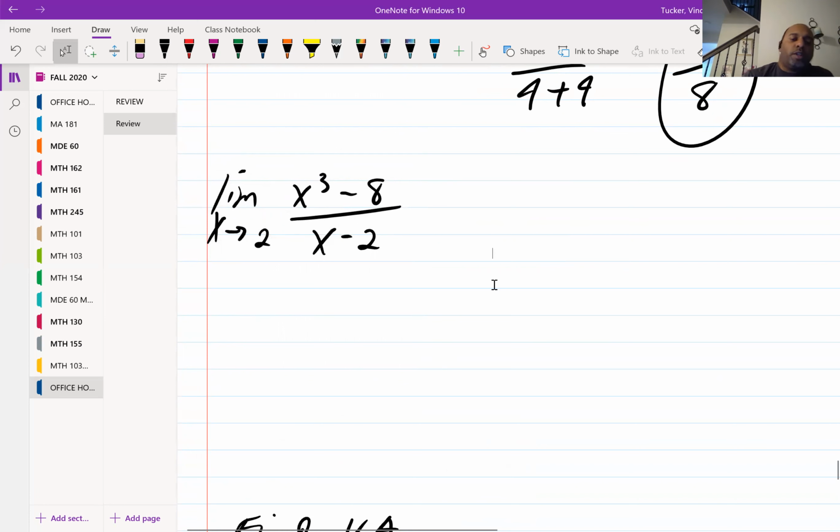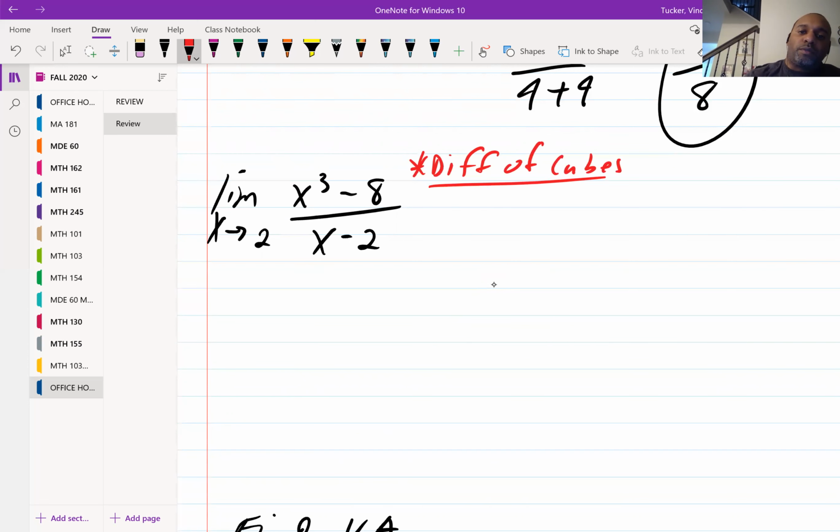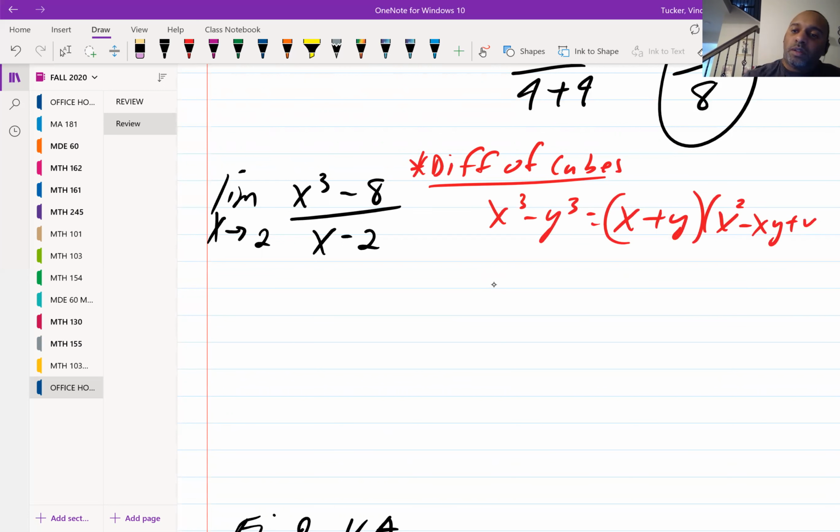All right, so here, once again, we cannot plug in 2, as it gives us 0 in the denominator. So I can factor this using a difference of cubes. The difference of cubes says x cubed minus y cubed equals x plus y times x squared minus xy plus y squared.